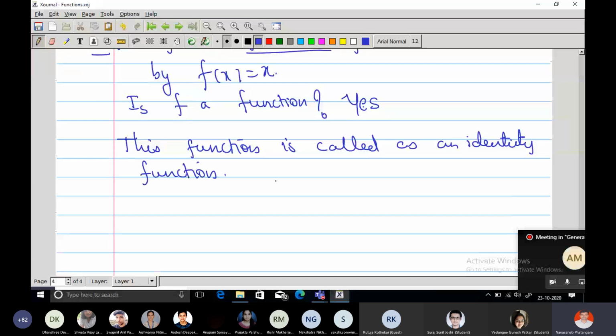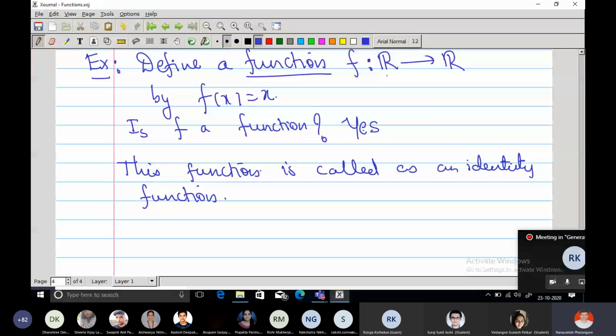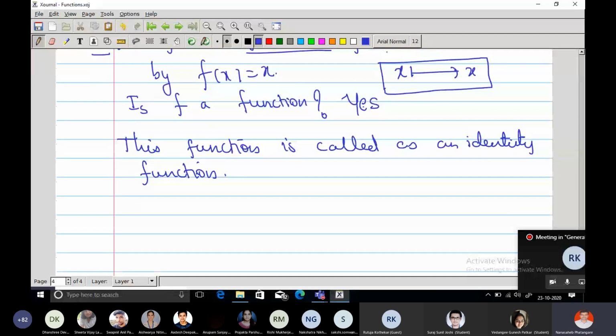It maps an element to itself, right? Element goes to itself. 2 goes to 2, 3 goes to 3, 1.5 goes to 1.5. So you choose any real number from the domain, x is assigned with x. This is again a symbol used for assignment. So this function is called an identity function.